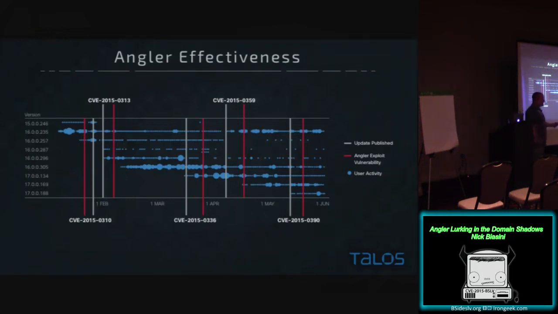Now, the one last key thing to note on here are these blue dots. These represent the amount of times that we've seen in our telemetry the various versions of Adobe Flash. The one key thing to note here is as recently as June, there's still a very significant amount of users using 16.0.0.235.